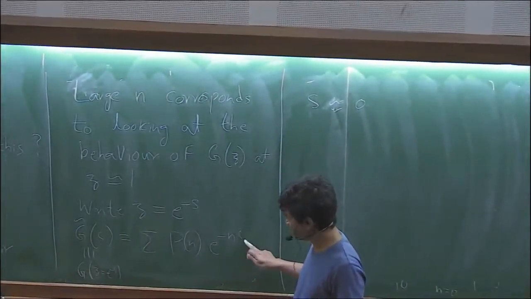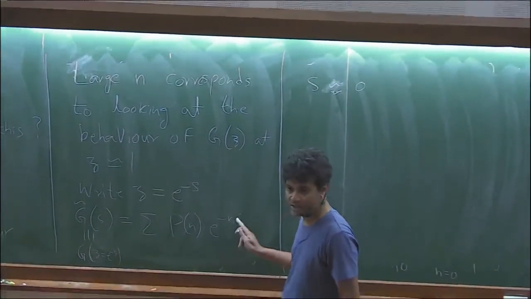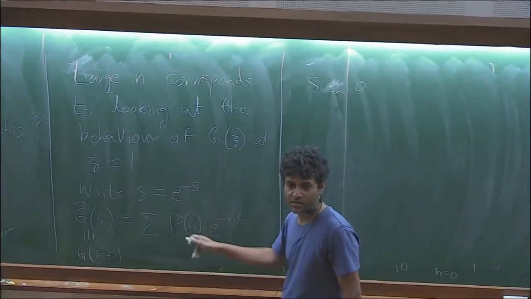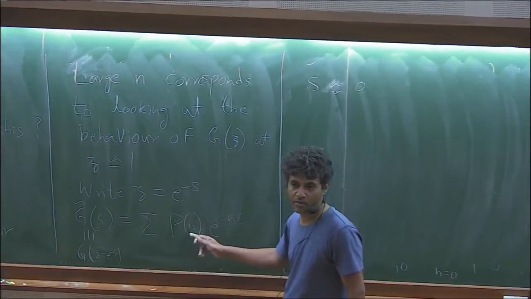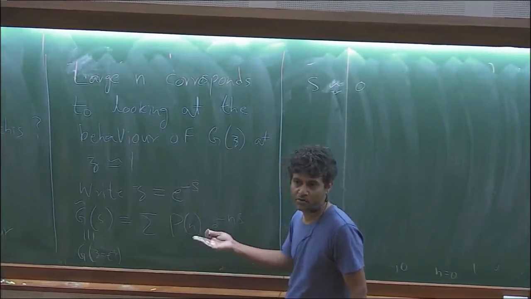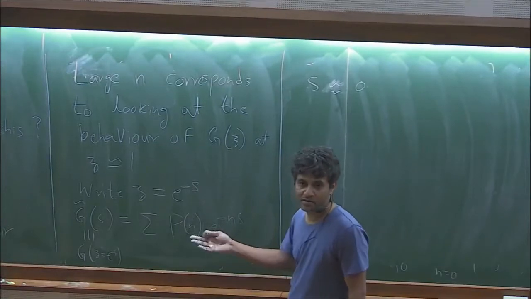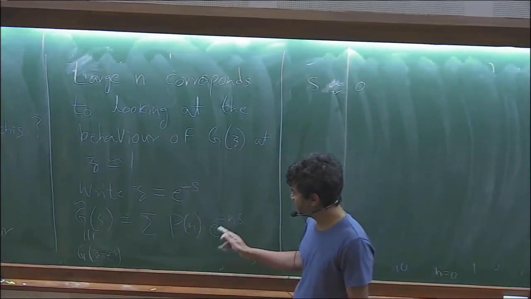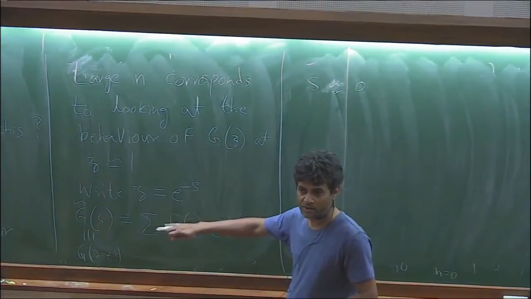If s is large, then since it's decaying exponentially, it will decay very fast. So only a few terms will dominate. Let's say P1, P2, let's say it's 1000, then P1 will describe everything. But if s is small, then you really need to take a large number of terms in this summation.